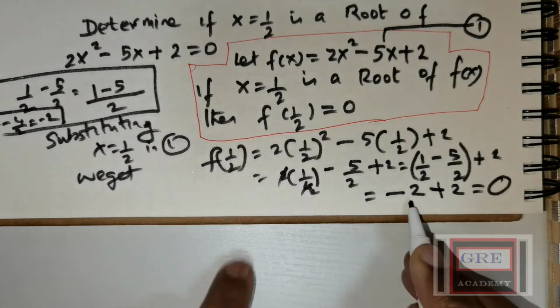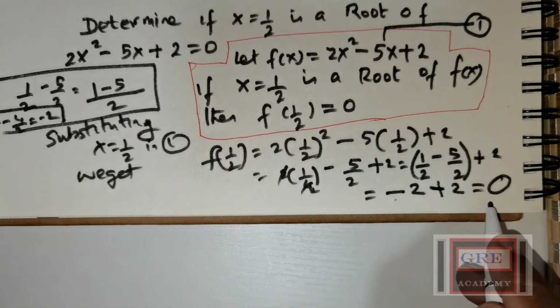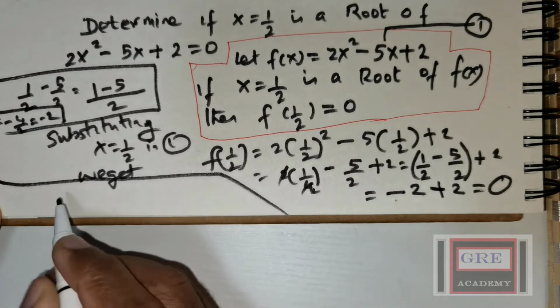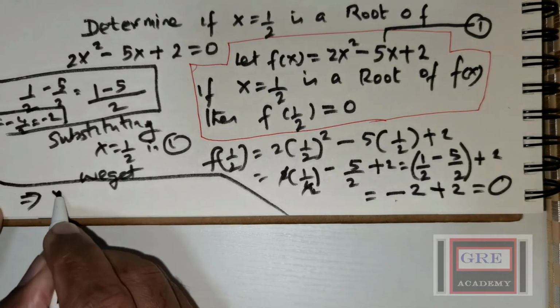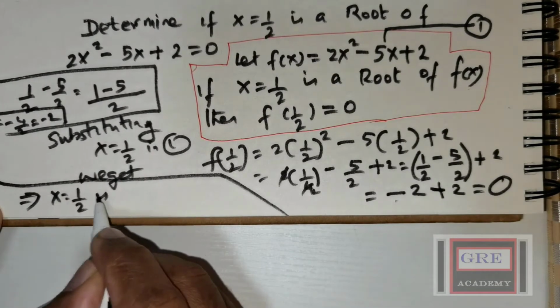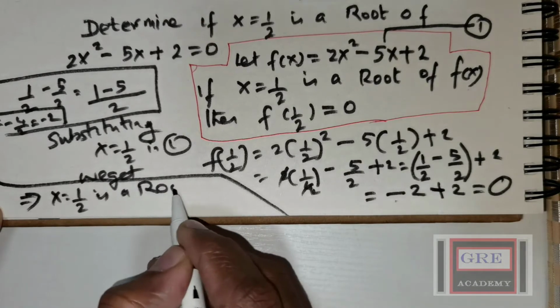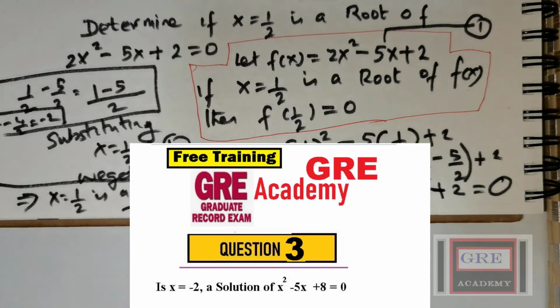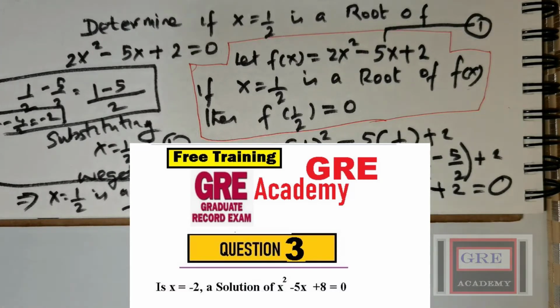So −2 added with +2 gives me 0. So what is the inference? This implies x = 1/2 is a root of the function f(x). Okay, so this completes the solution for this question.